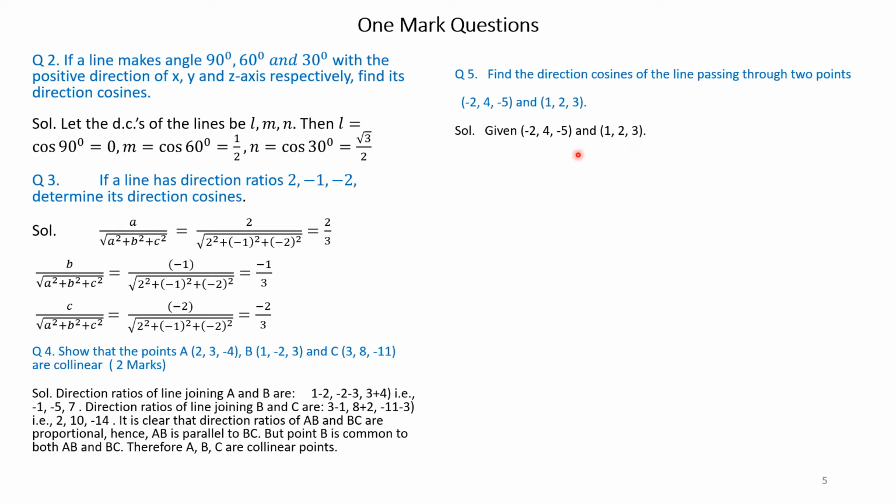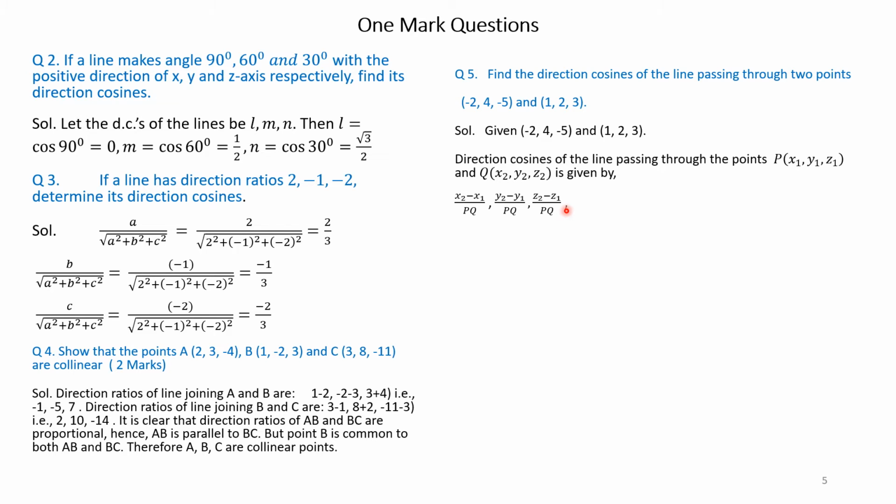The direction cosines of the line passing through points P(x1, y1, z1) and Q(x2, y2, z2) are given by x2 minus x1 divided by PQ, y2 minus y1 divided by PQ, and z2 minus z1 divided by PQ, where PQ is the square root of (x2 minus x1) whole square plus (y2 minus y1) whole square plus (z2 minus z1) whole square.